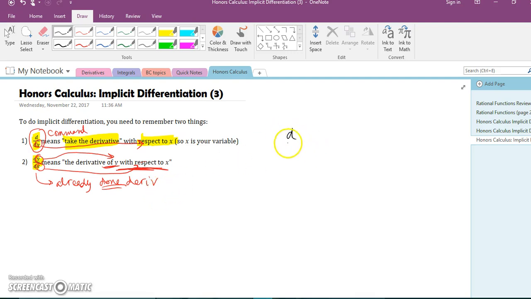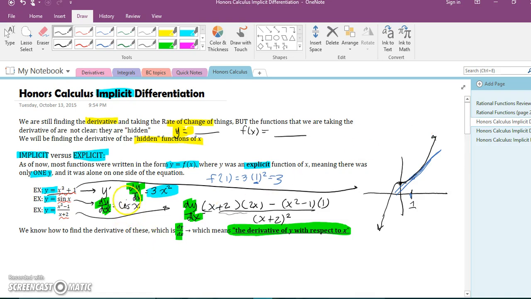So let's do d/dx of y to the fourth. And you have to focus very carefully here because it's going to seem a little bit weird at first. I'm doing the derivative with respect to x of y to the fourth. And let's hop back over here. When I did the derivative of y, I replaced it with dy/dx.